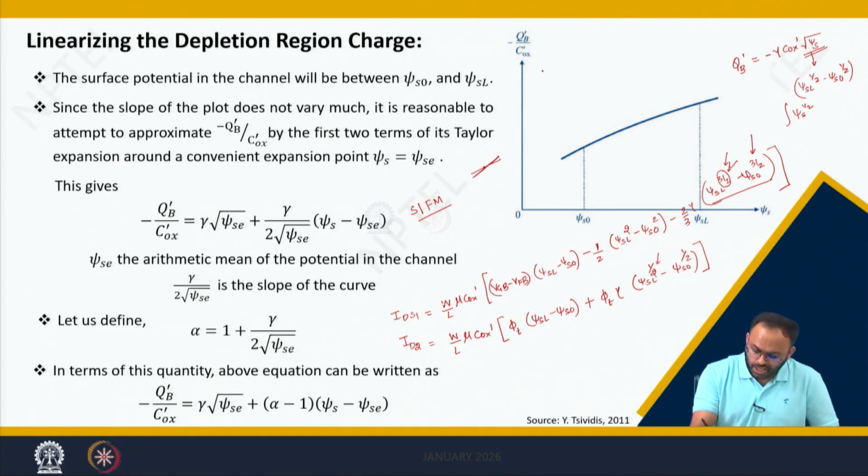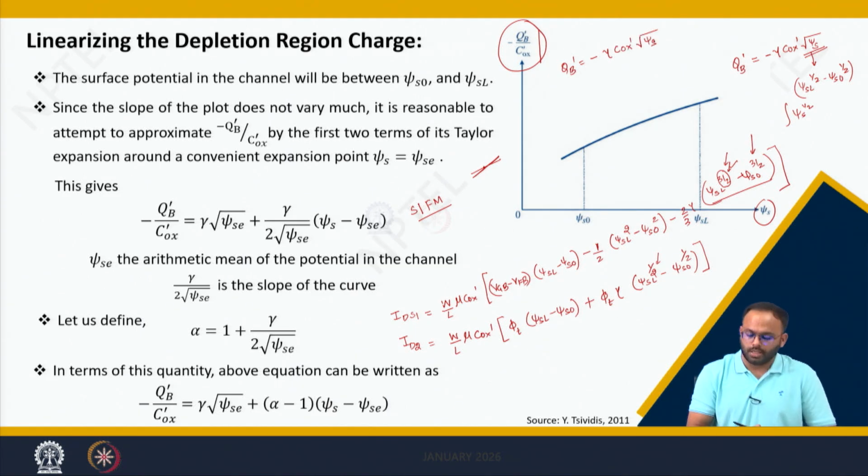What we are going to do, we can understand by using this graph minus QB dash by Cox versus psi s. So, let me rewrite as QB dash can be written as minus gamma into Cox dash into root psi s. I can plot a graph between minus QB dash divided by Cox dash is equals to gamma into psi s.